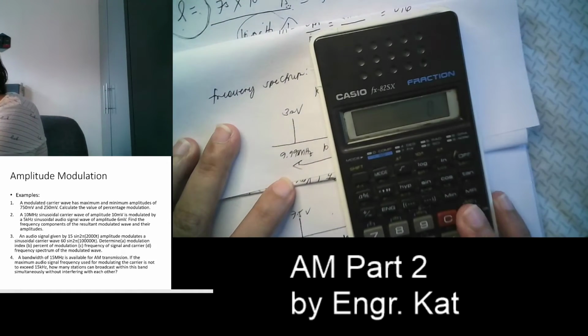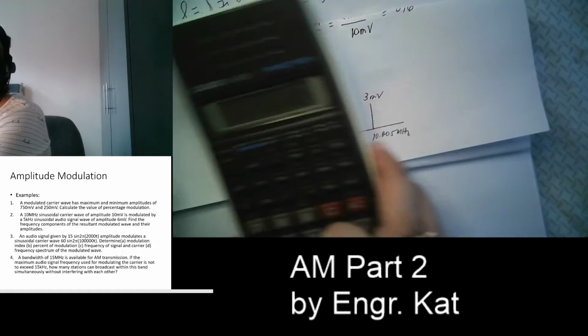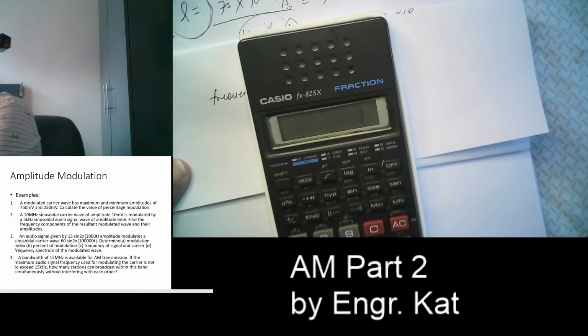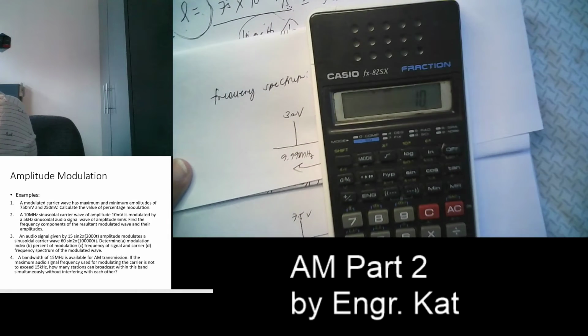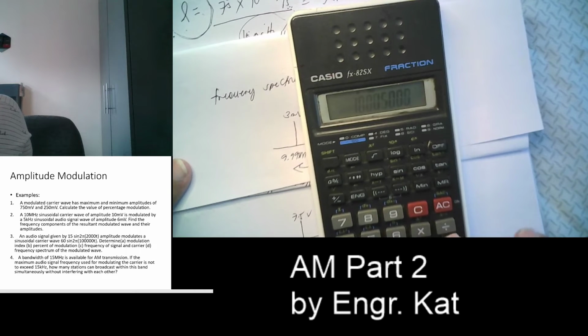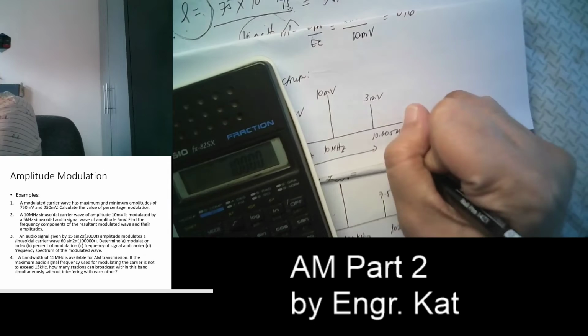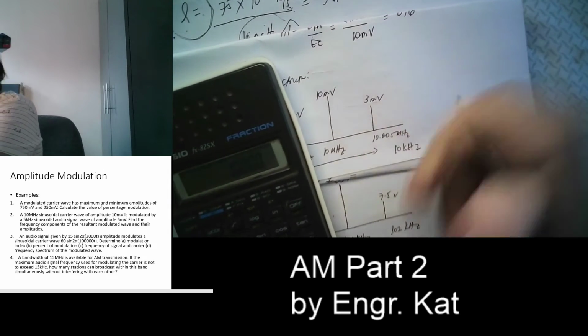Okay, so if we subtract that, your bandwidth is equivalent to 10.005 megahertz minus 9.995 megahertz. So that will give you 10 kilohertz.